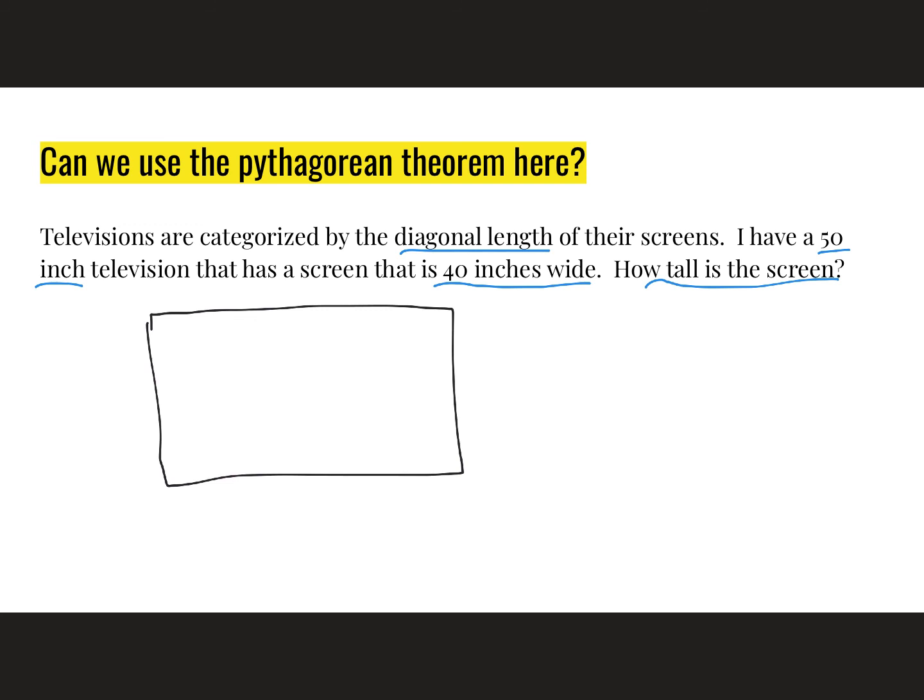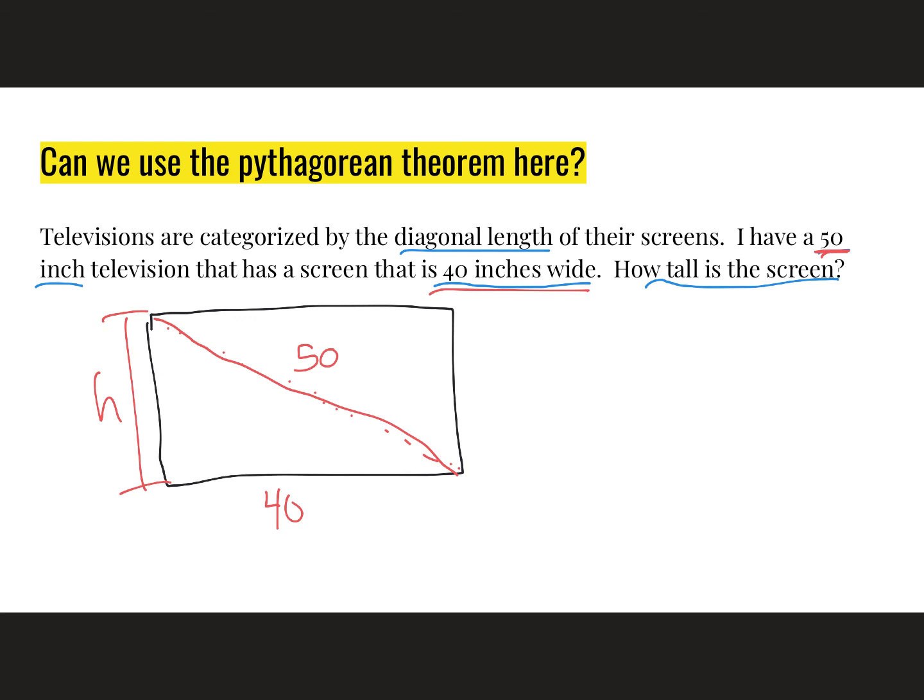Their size is labeled based on their diagonal length. So that's this right here. So in this case I have a 50-inch. So this is 50. My screen is 40 inches wide, so that is 40 here. And I'm trying to find this missing length here, right? This is my height.